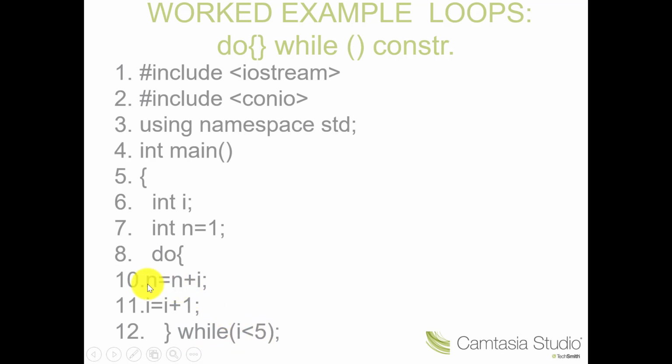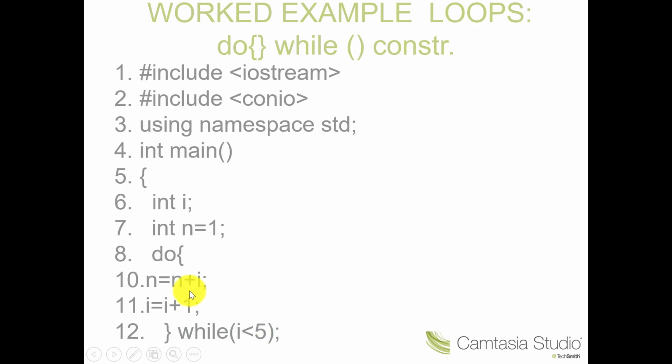The instructions within this construct are two: n equals n plus I, and I equals I plus 1. That is repetition. But as we can see, do all this while I is less than 4.